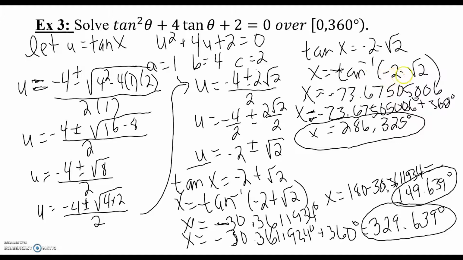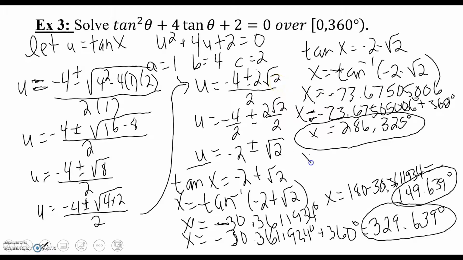And this, if I do negative 2 minus square root of 2, that's also a negative number. And tangent is negative in quadrant 3, which is where this 286 degree angle is. But there's also an angle in quadrant 2 that'll give me this same tangent value. So again, to find that angle in quadrant 2, I would do 180 minus this reference angle, or you can say 180 plus this angle since it's negative.